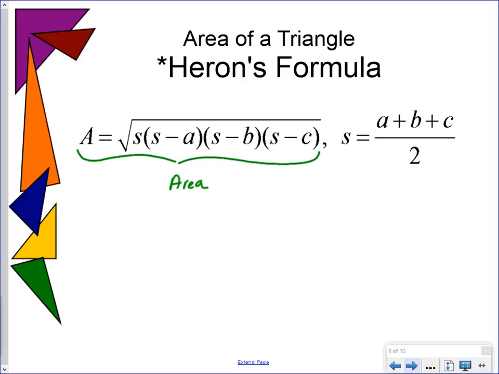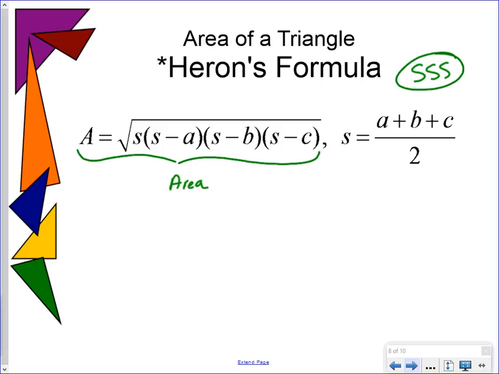The lowercase a, b, and c represent sides of a triangle. So in order to use Heron's formula, it would be a side, side, side case, where you knew all three sides of the triangle, you knew none of the angles, and you wanted to find the area of the triangle.